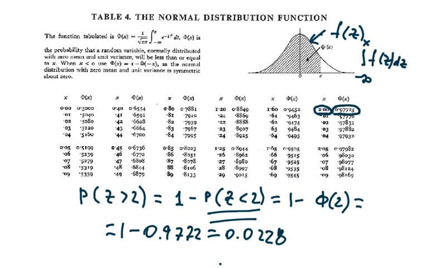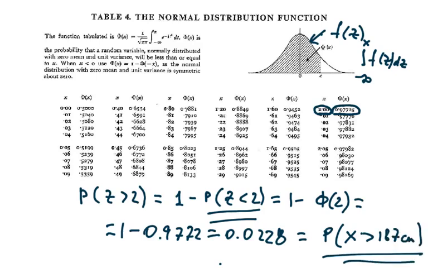We got the probability that random variable Z having standard normal distribution is more than 2, and we know that it equals the probability that our random variable X is more than 187 centimeters. So this is our solution.